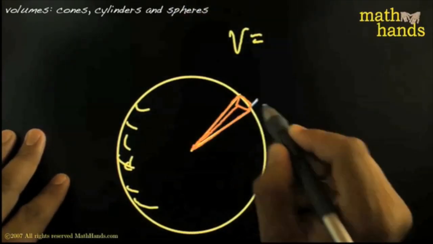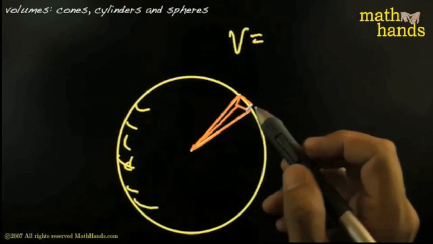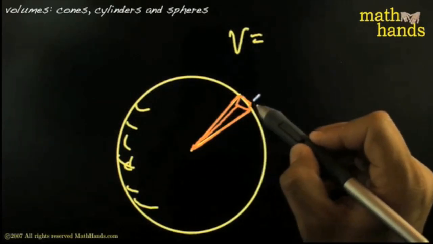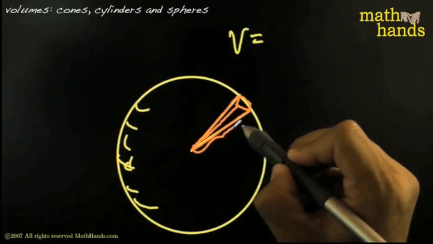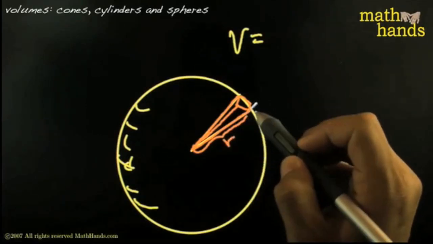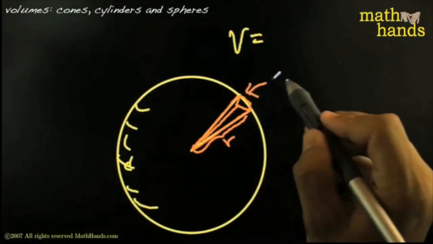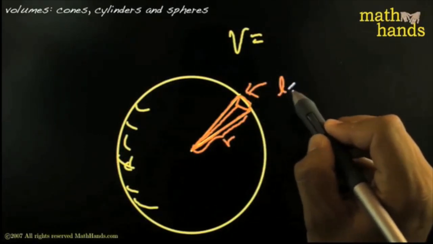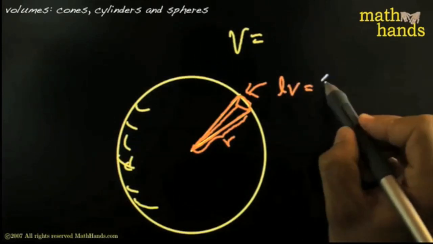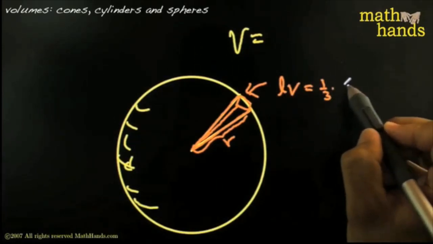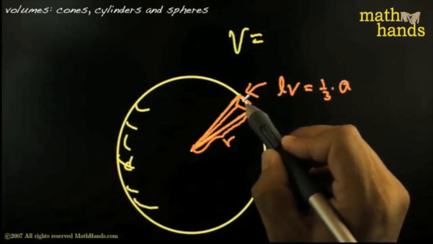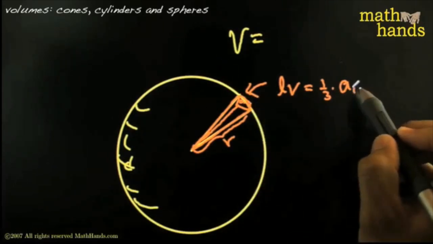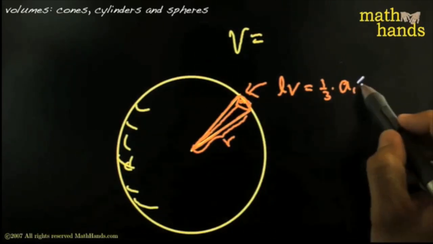Okay, so that right there, that's a cone, canonical shape, but the bottom is a square. The cross sections are squares, and the height of it will be the radius of the sphere, r. So for this one right here, the little volume is equal to 1/3 times the area on the bottom, I'll call it little a1, because there will be many, times the height.